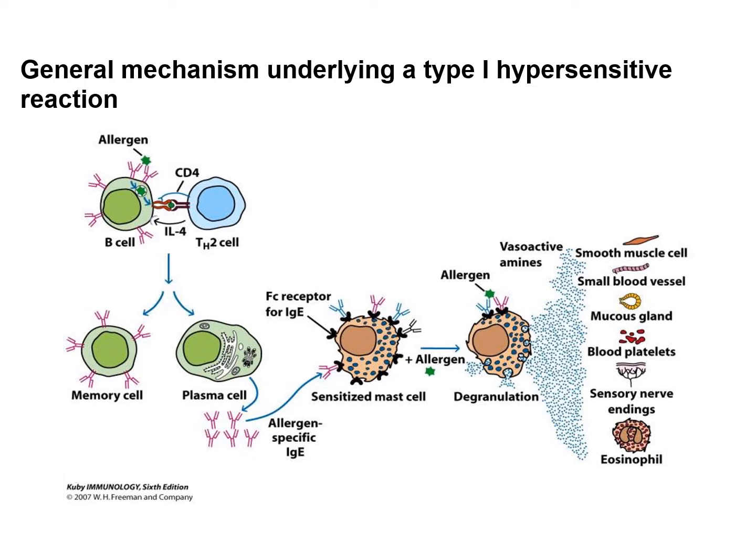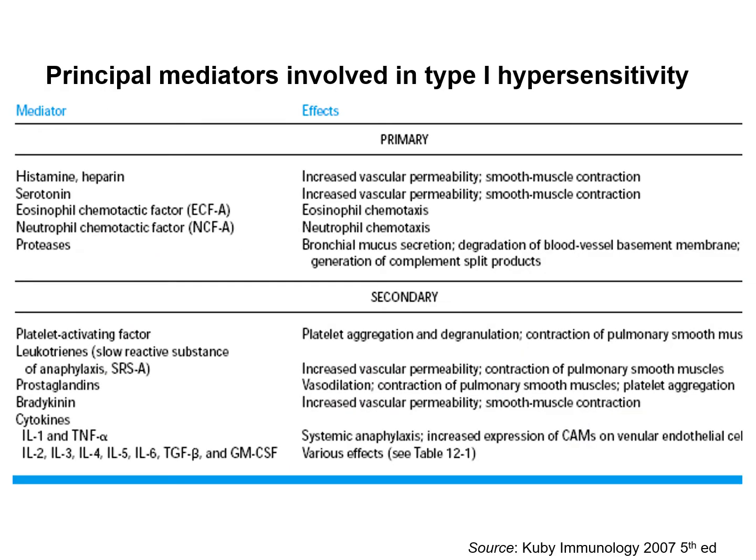So if you remember, there are vasoactive amines. Among the most prominent is histamine. So it will have an effect on different cells and tissues of the body. We can see in this table the different mediators of type 1 hypersensitivity and the effects of those mediators.